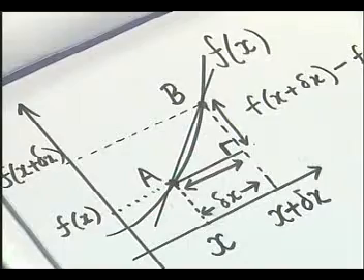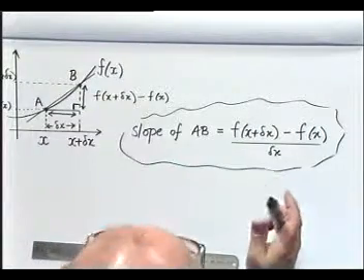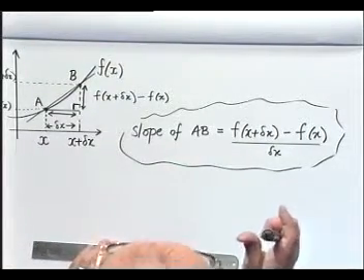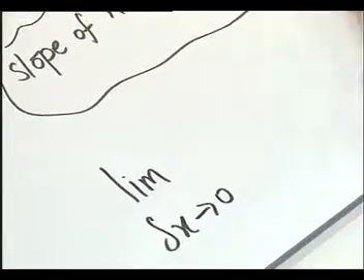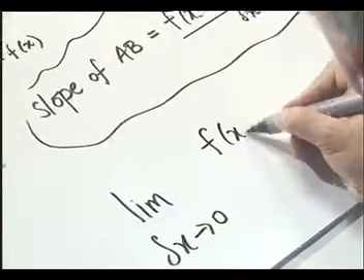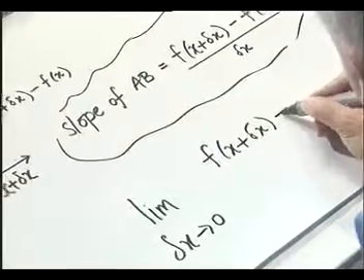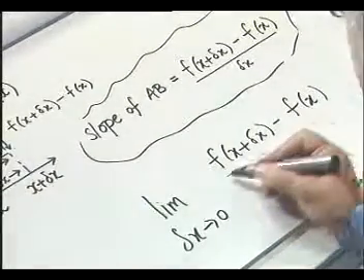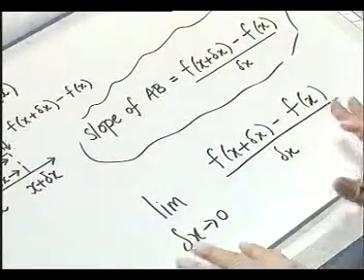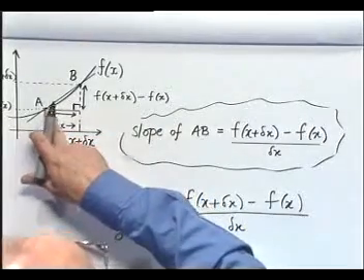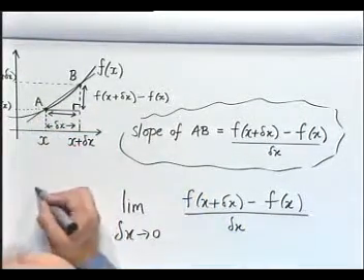So what we want to do is work out this expression in the limit as delta x approaches 0. So we want to work out the limit as delta x tends to 0 of all this. And when we work all that out, that will give us a value for the derivative of the function at point A. So that will define f dashed of x.